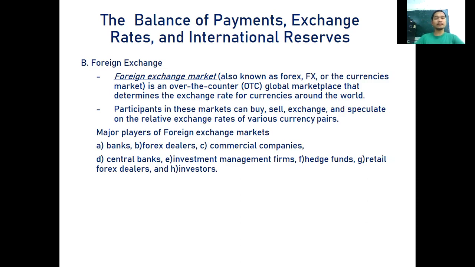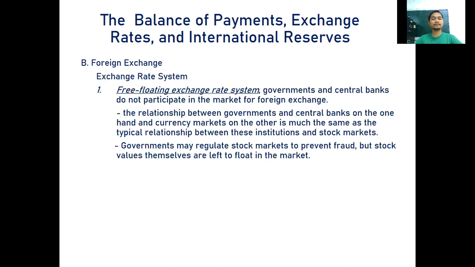So major players of the Forex markets are the banks, Forex dealers, commercial companies, central banks, investment management firms, the hedge funds, retail Forex dealers, and the investors.